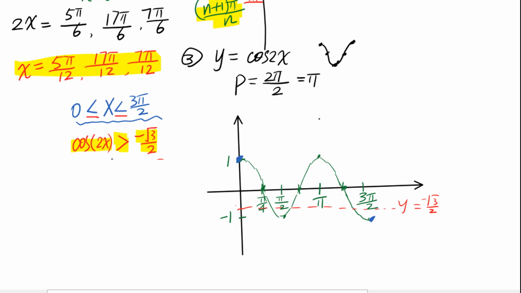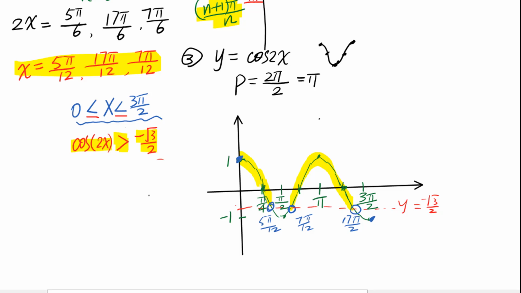From this inequality, since there is no equal sign, the intersections are open circles at 5 pi over 12, 7 pi over 12, and 17 pi over 12. The solutions will be above y equals negative square root of 3 over 2. So this part is the solutions.